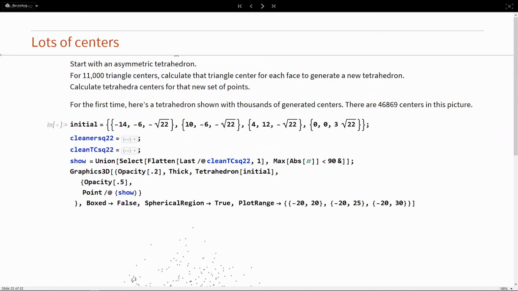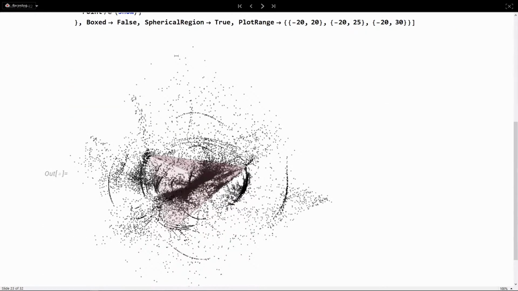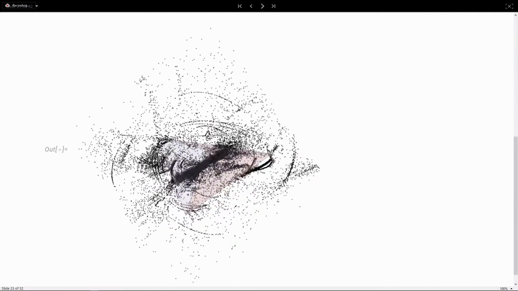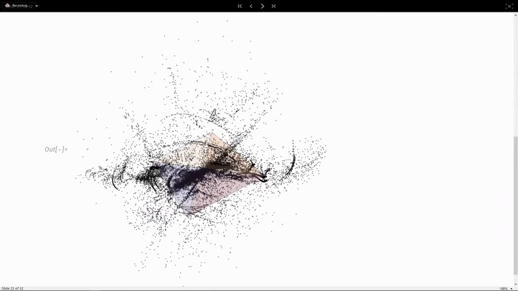However, we can generate a whole bunch of centers. For this, I started with 11,000 triangle centers and basically calculated for each face what the point would be on the face of the tetrahedron, and then used that to generate 11,000 different tetrahedra.